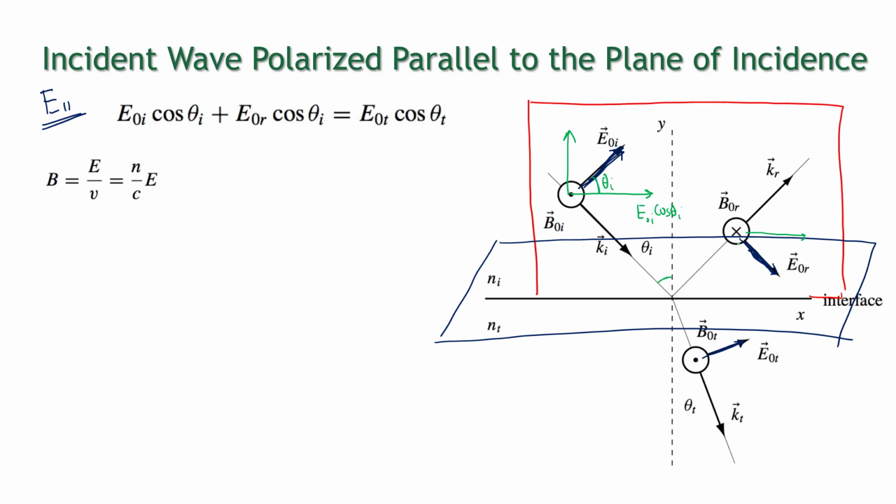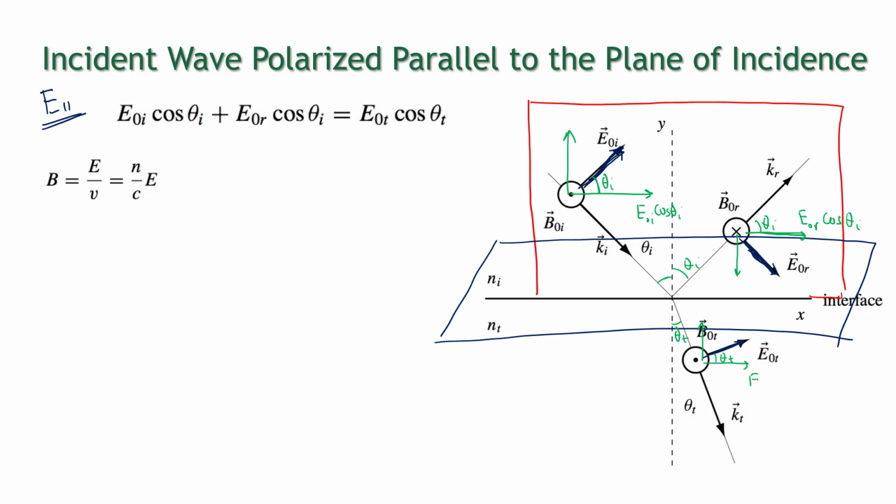Okay. Same thing we can do here. So this component and this component. So this is the tangential component. So this is EOR cosine theta I. This is theta I, and that would be theta I. And we can do the same thing here. So we have this component and this component. This is theta t.